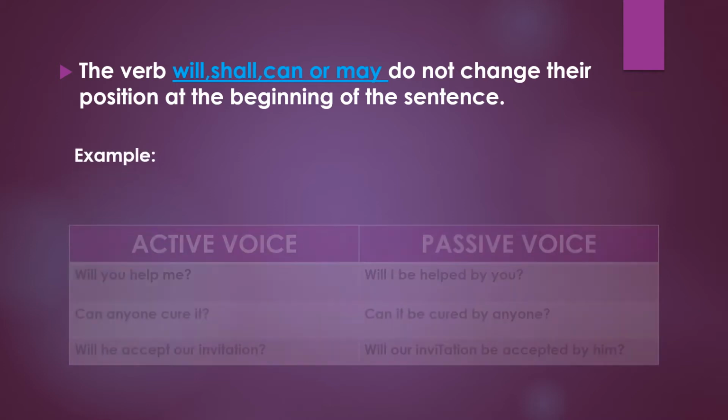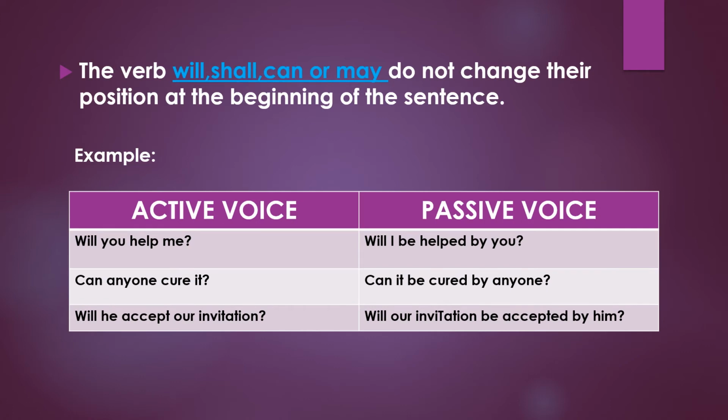That means it remains the same in passive voice also. Will you help me? Will I be helped by you? So here will remains at its place. It does not change its position. The rest of the part is changed according to the word order of active to passive voice.